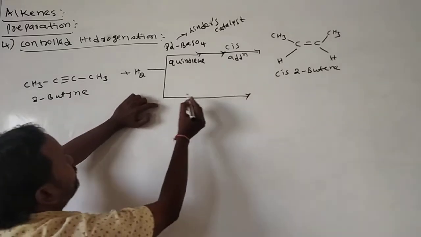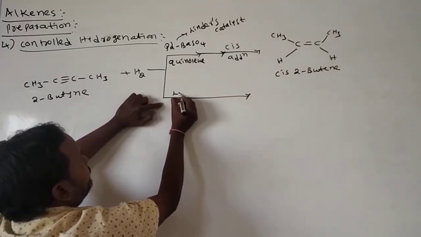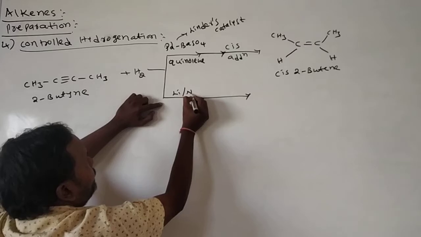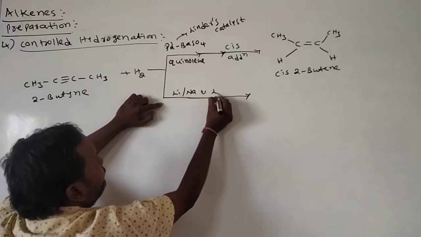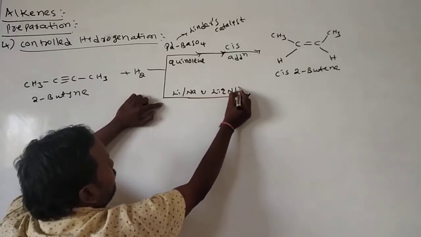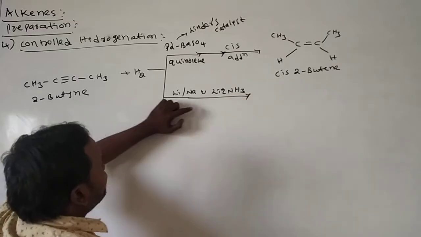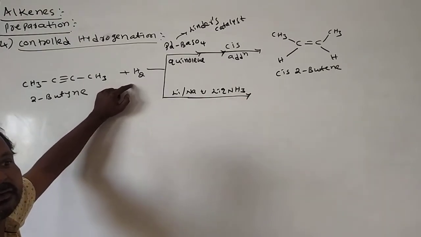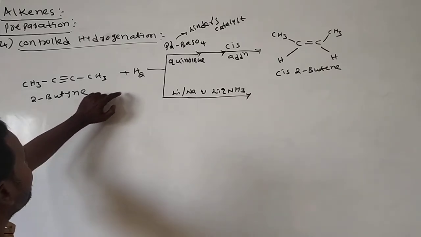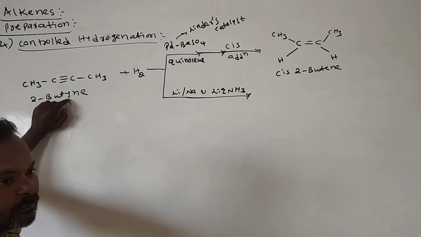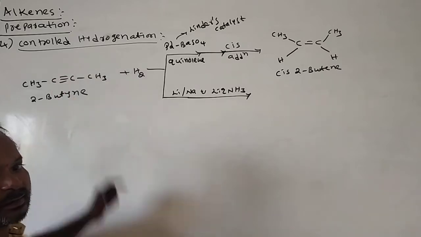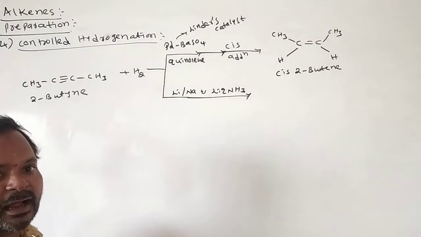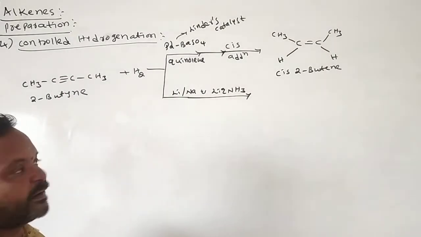In the presence of lithium or sodium and liquid ammonia, hydrogenation takes place. Addition of hydrogen we call hydrogenation. Hydrogenation takes place one from the downside, one from the upside. That means two hydrogens will add in the opposite way.